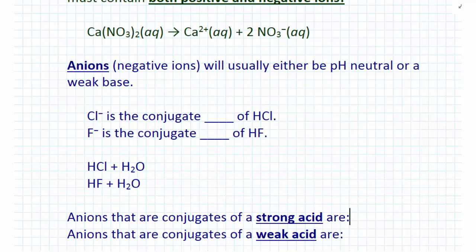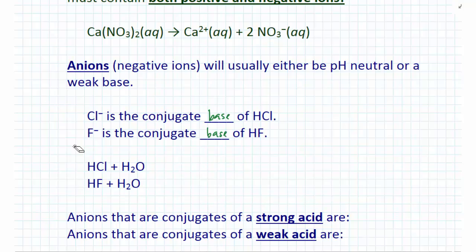So chloride, Cl minus, is the conjugate something of HCl. Base. It's conjugate base, because HCl is an acid. Okay. When something acts as a base, it gains a proton, an H+. So chloride is the conjugate base of HCl. Fluoride is the conjugate base of HF. Okay.